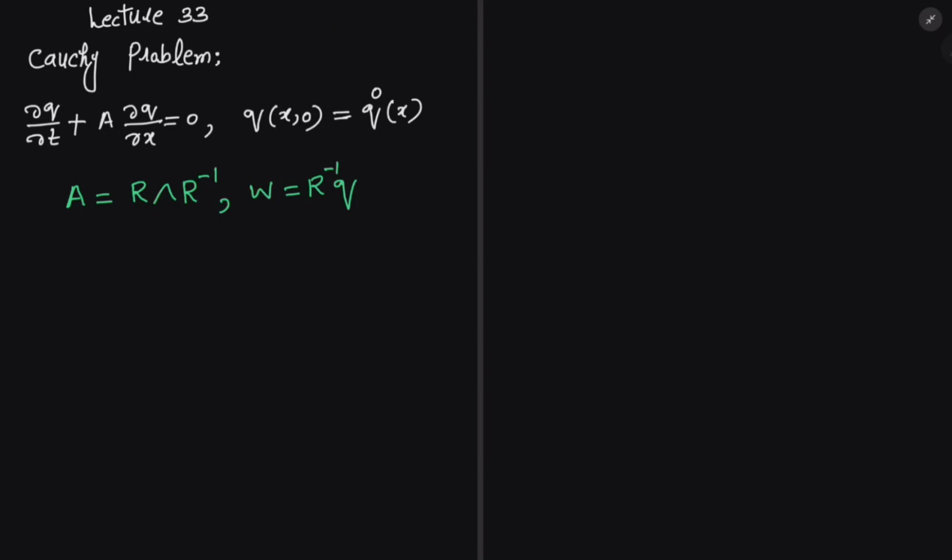So we saw that it was partial W by partial T plus lambda partial W by partial X is equal to 0. Since we know that, RW is equal to Q.